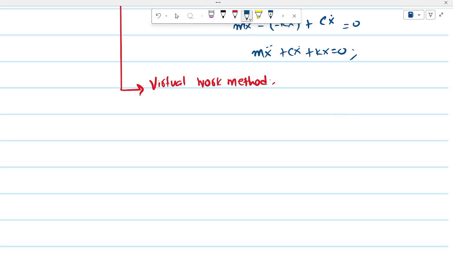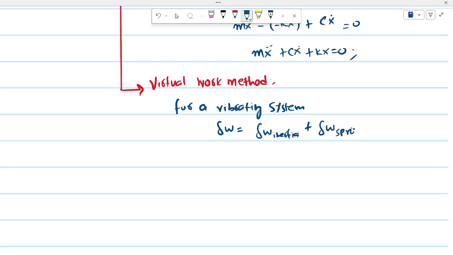So what does it mean for a vibrating system? The total work done will be equal to the work done because of inertia plus work done because of spring plus work done because of damper.